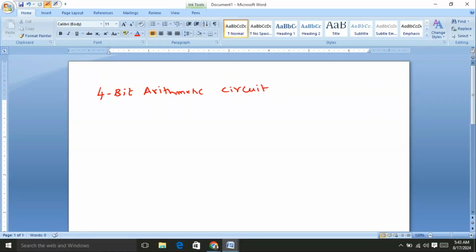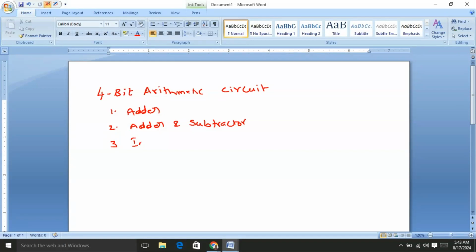We are already discussing how to design circuits for arithmetic operations: one, an adder; two, a subtractor which is able to perform both addition and subtraction. The adder performs only addition.